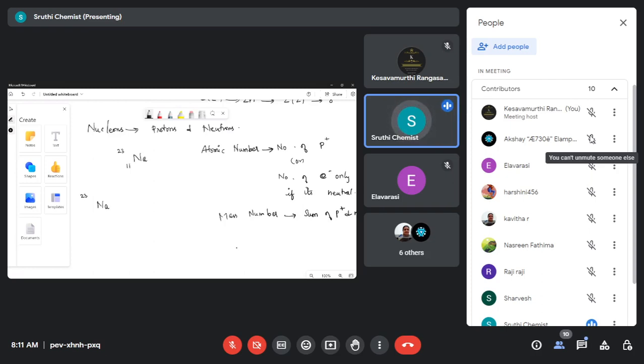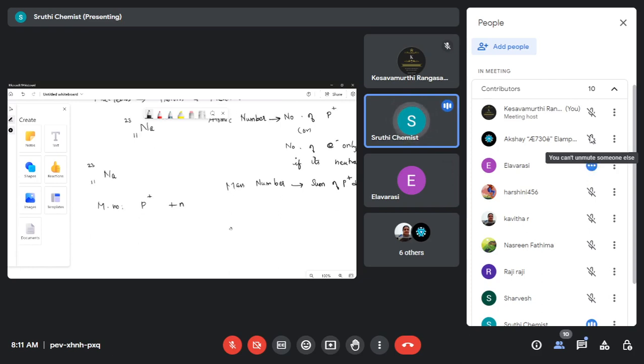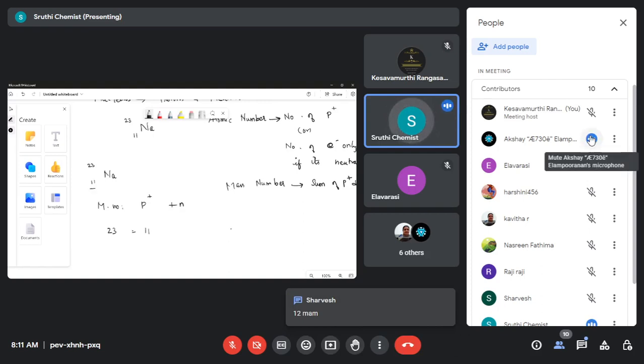Now tell me how many neutrons are present in sodium? Mass number is a proton plus neutron. Tell me the neutron count in sodium. Mass number is 23. Proton count is 11. Anyway, we know because atomic number is given.